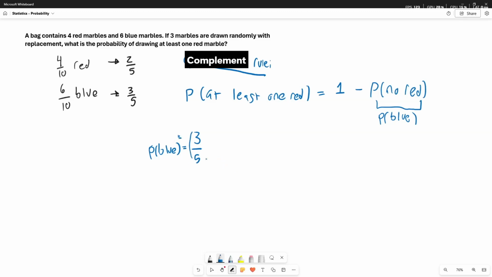The first chance is 3/5. Then the second chance is again 3/5. So our probability of getting blue back to back gets a little bit smaller every time. We're taking 3/5 of that 3/5 of that 3/5.